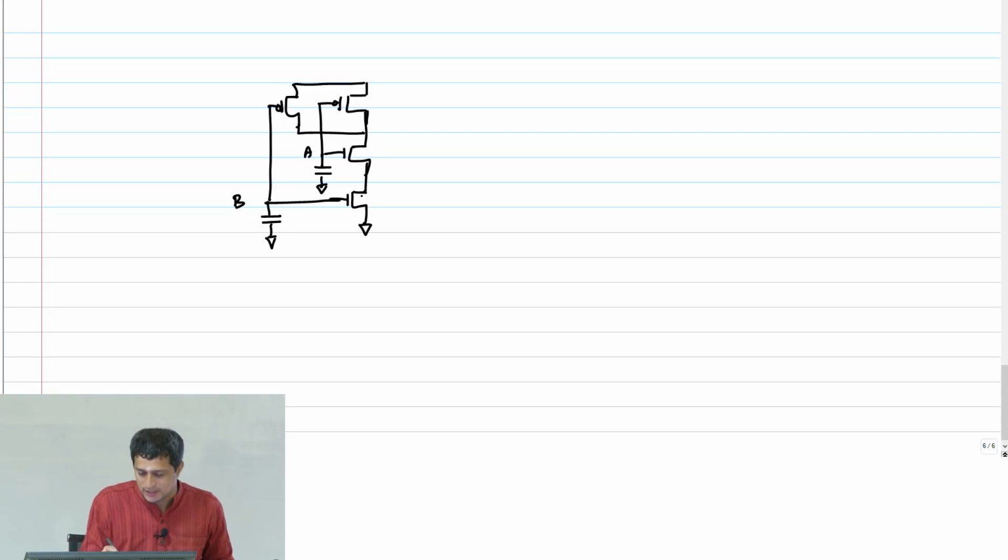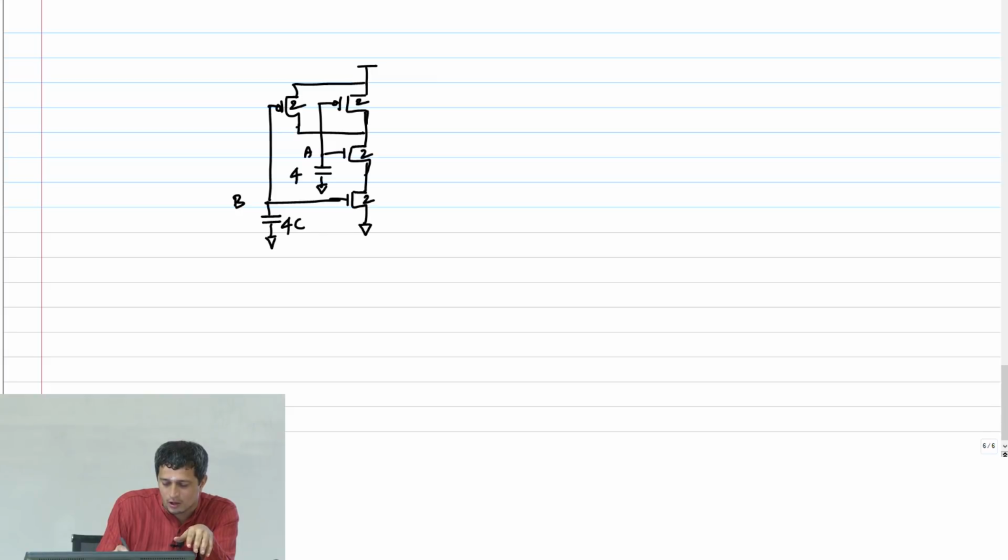How much is the net capacitance on A and B gate? On each input, what's the total capacitance? 4C, right? Each transistor gave me 2C because the widths are 2 each. Net capacitance is 4C.